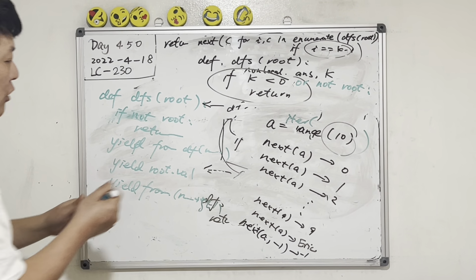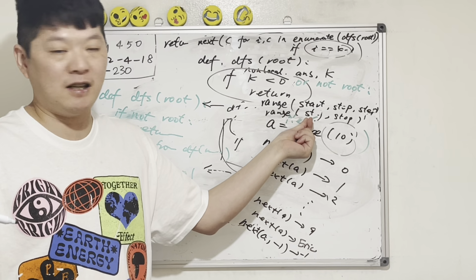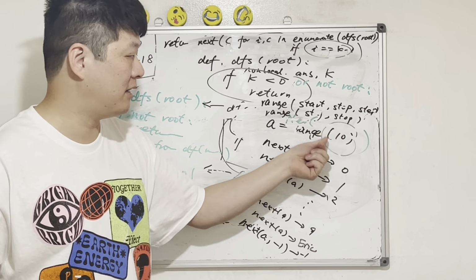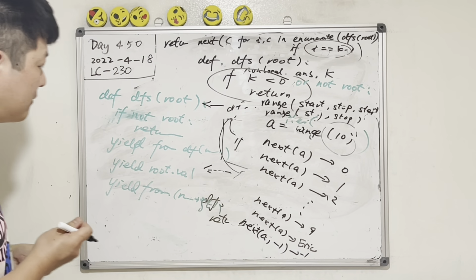You can call this range function in 3 formats. Start, stop, step. Stop is not included. Like if you give a 10, it does not reach 10, right? If the start is missing, it defaults to 0. If the step is missing, it defaults to 1, right? Make sense? Start, stop, step.